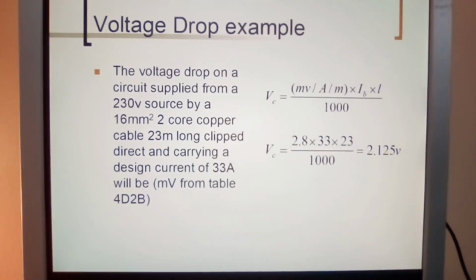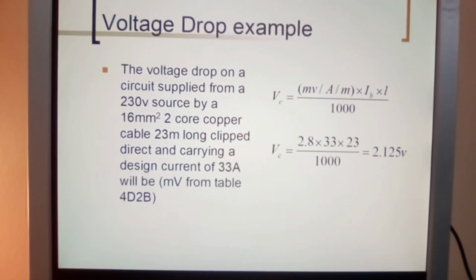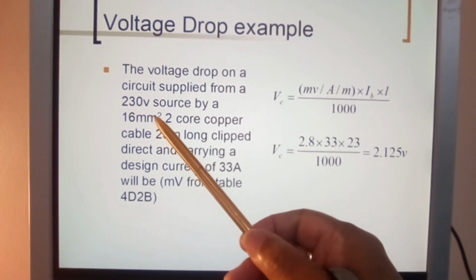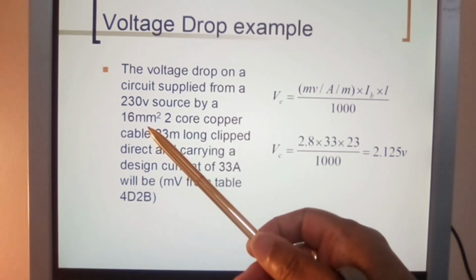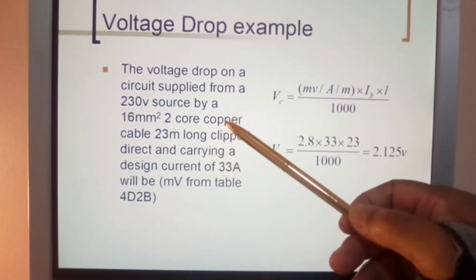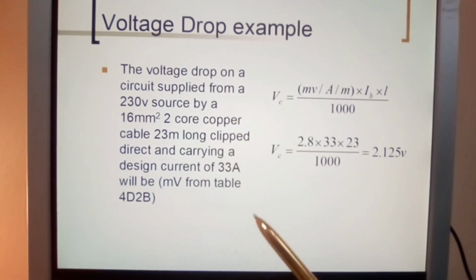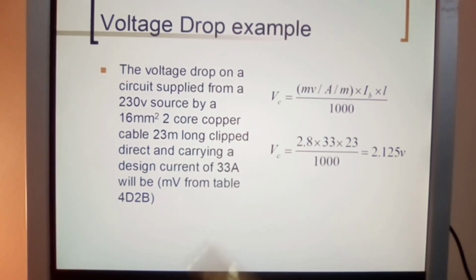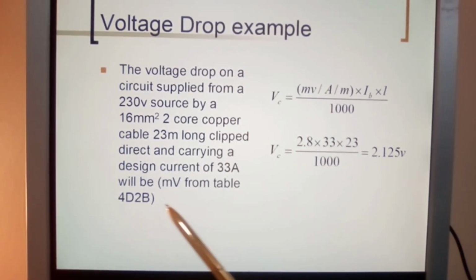Now, a voltage drop example: the voltage drop on a circuit supplied from a 230 volt source by a 6 millimetre square 2 core cable, 23 metres long, clipped direct, and carrying a design current of 33 amps. The millivolts from table 4D2B will tell you this.